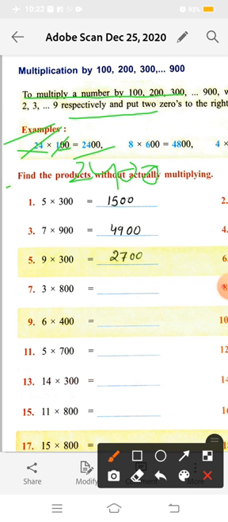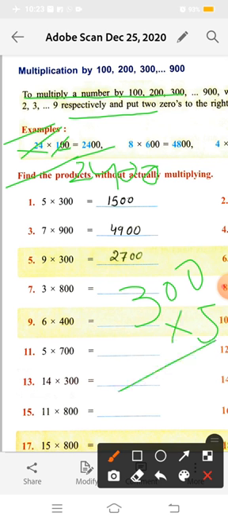So find the product without actually multiplying. Actually multiplying means don't do this type. You are doing multiplication like this, okay, but don't do it like this. You have to do multiplication directly. Okay, so how will you do it directly?